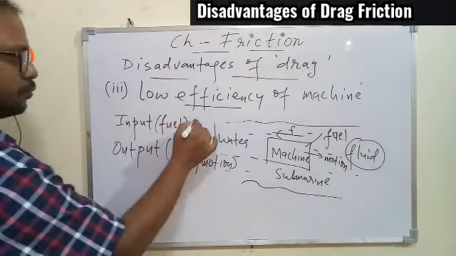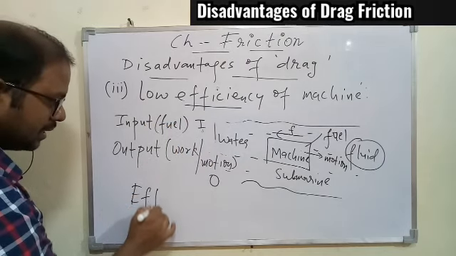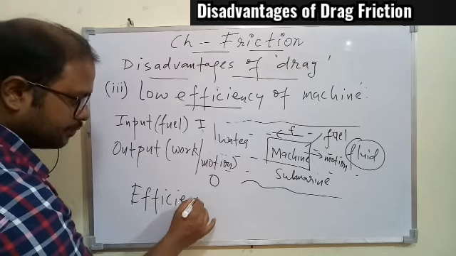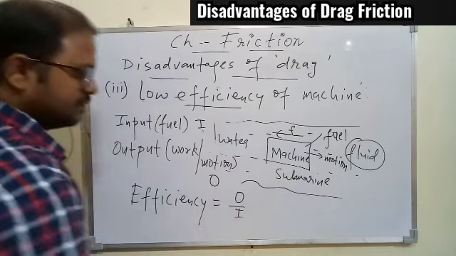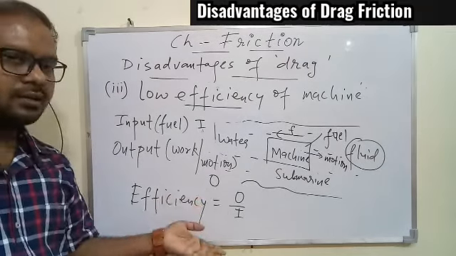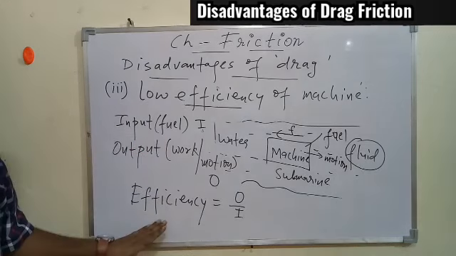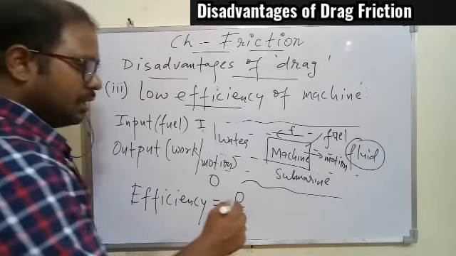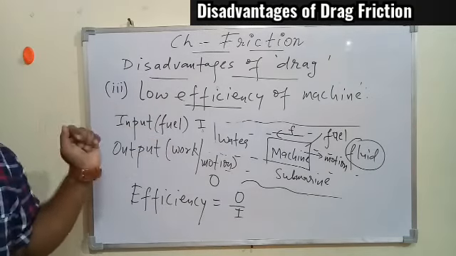So overall if I say input is I and output is O, the efficiency of any machine is given as output upon input. If we take the ratio of the output by input of a particular machine, that will be the efficiency. So in this case overall there is a wastage of energy.